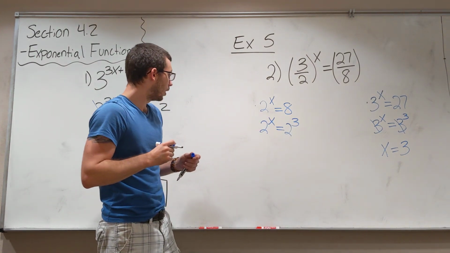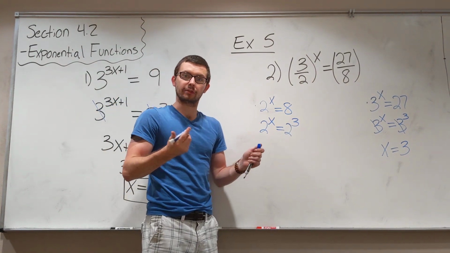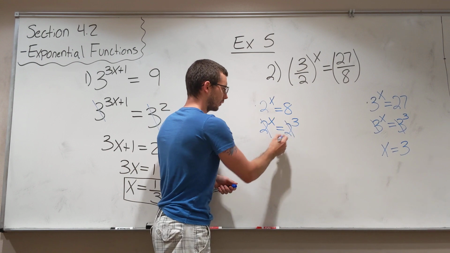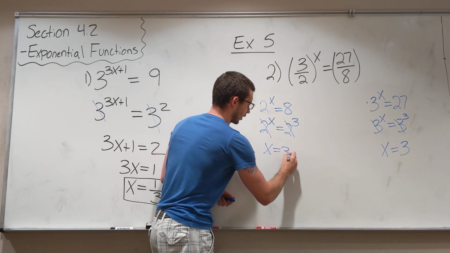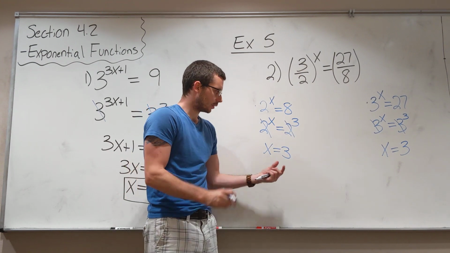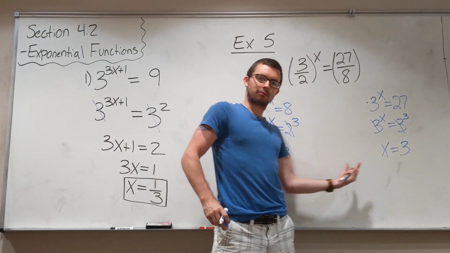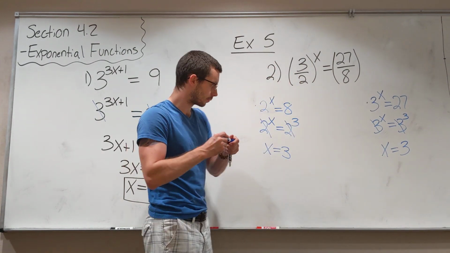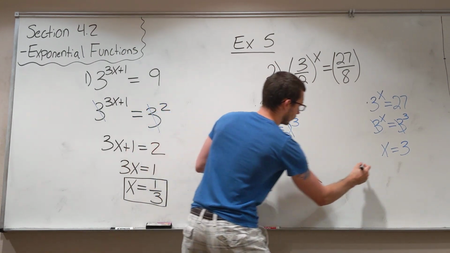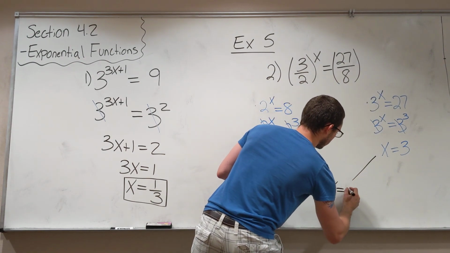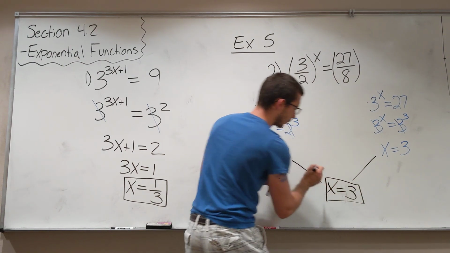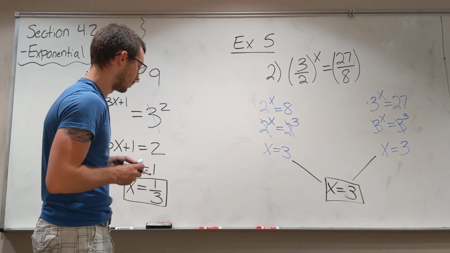Just like that. And so from here, the 2's cancel because they're the same base. We get x is 3 again. Because these two match, well, guess what our final answer is? Simply x is equal to 3. And that's it for this problem.